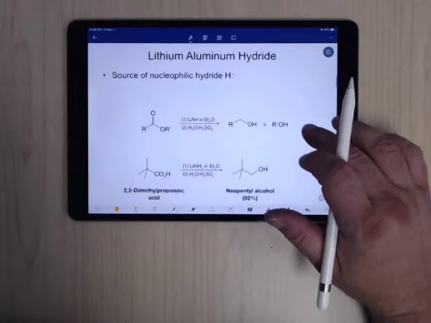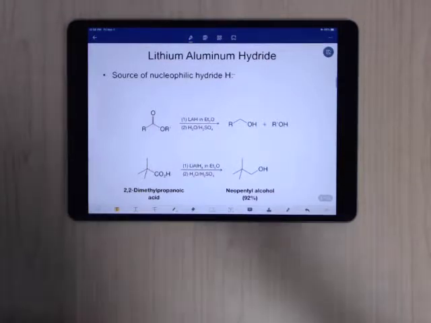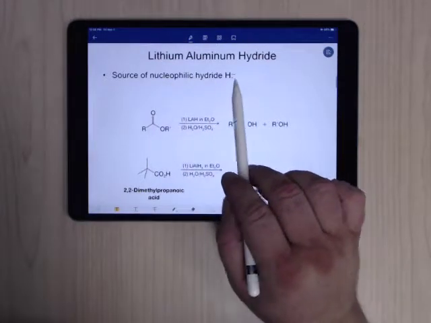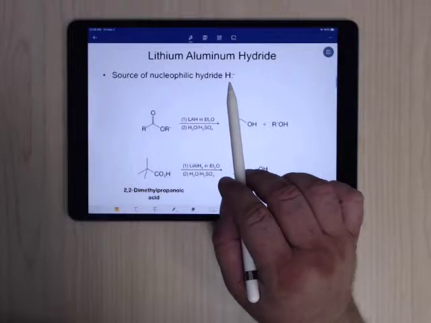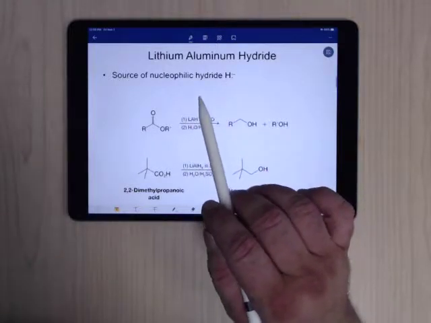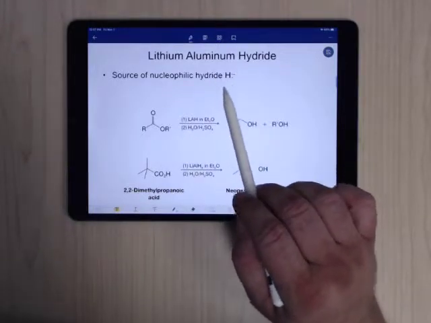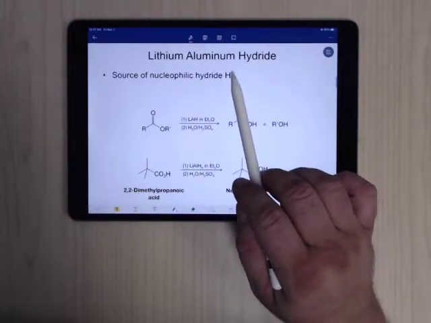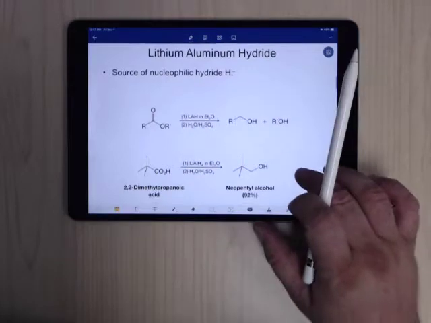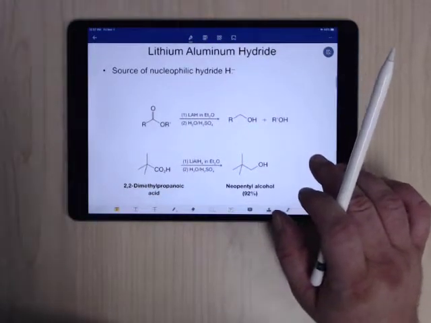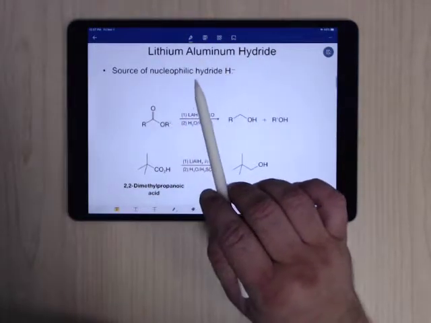Okay. So how do we do this? Well, there are two different sources of nucleophilic hydride. We can't use sodium hydride because, as it turns out, that's not nucleophilic. It just acts as a very good base because you're going to make hydrogen gas if you mix it with something that has acidic hydrogens, but these are much more nucleophilic.